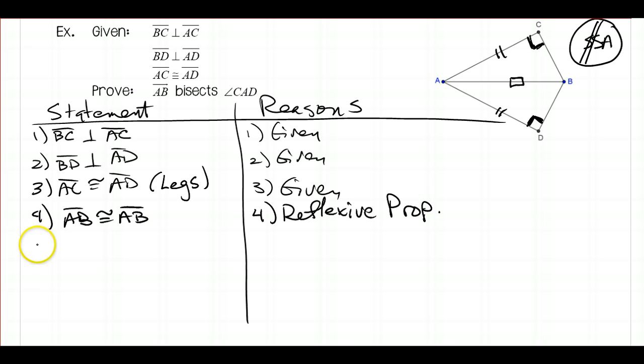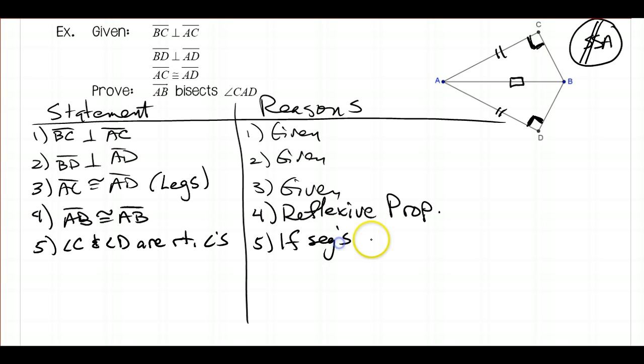And then from steps 1 and 2, I know that angle C and angle D are right angles, if segments are perpendicular, then they form right angles.